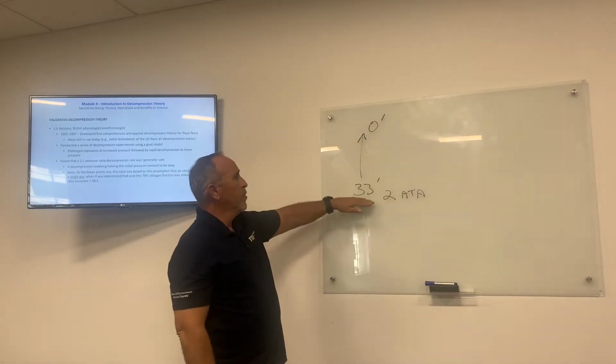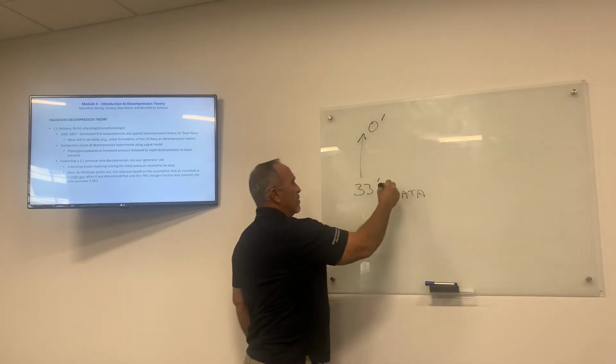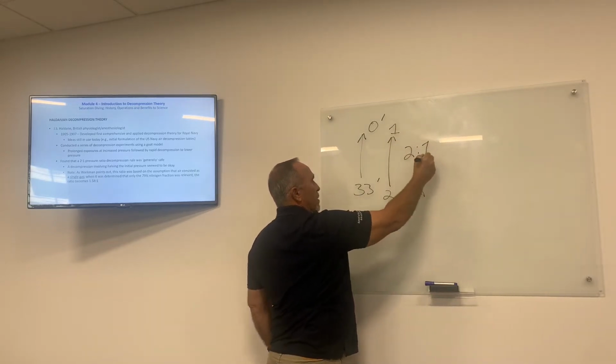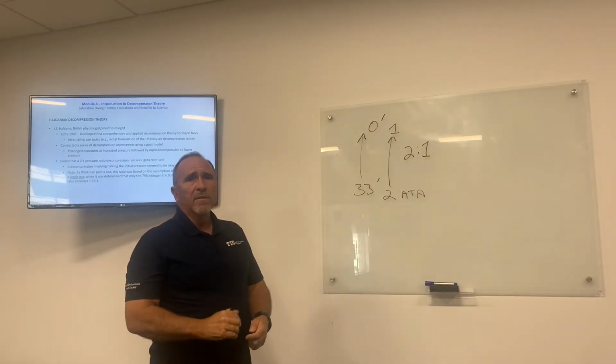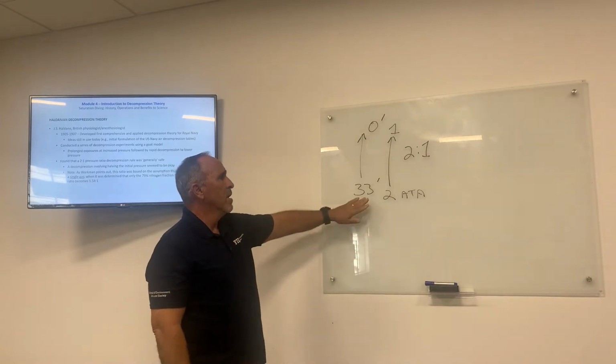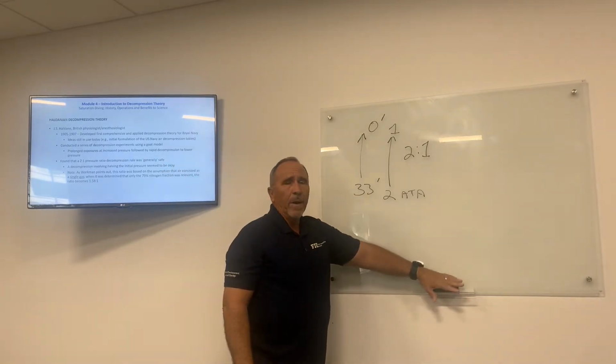You can go from 2 to 1, a 2-to-1 ratio, without signs and symptoms of decompression sickness, or with a low risk of it. All right, that's what he basically came up with.